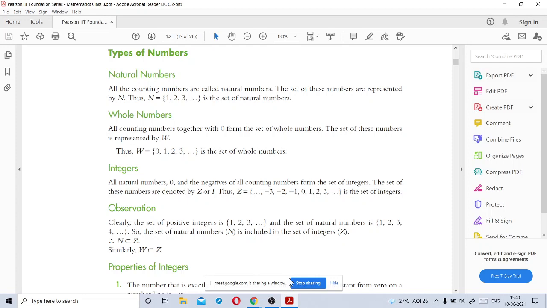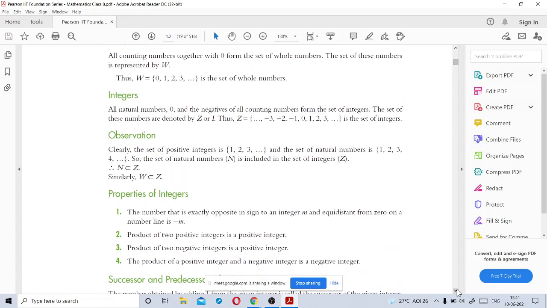Next one, integers. The next type of numbers is integers. All the natural numbers, 0 and the negatives of all counting numbers form the set of integers. Yes or no?